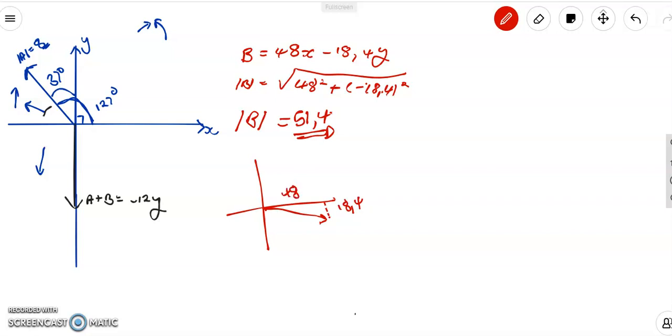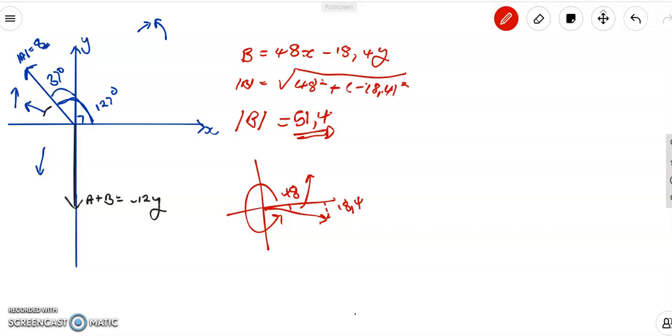So can you see this right angle triangle we have here? I want to calculate this angle theta. Please note that when we are specifying the angle of the direction of a vector, we measure from the positive x-axis in a counterclockwise manner. So the direction of this vector is this angle. So we're going to calculate this angle and subtract it from 360.